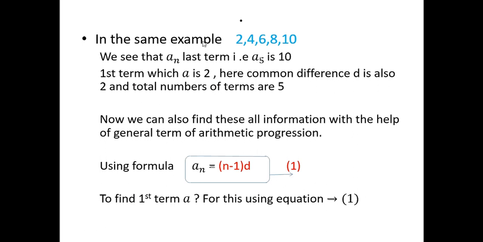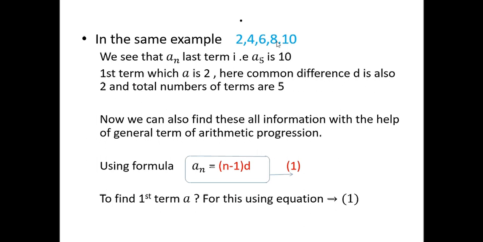In the same example 2, 4, 6, 8, 10, we see that first term is 2. Common difference is also 2 because the difference between two consecutive terms is 2, that is 4 minus 2 equal to 2, 6 minus 4 equal to 2, 8 minus 6 equal to 2, 10 minus 8 equal to 2.